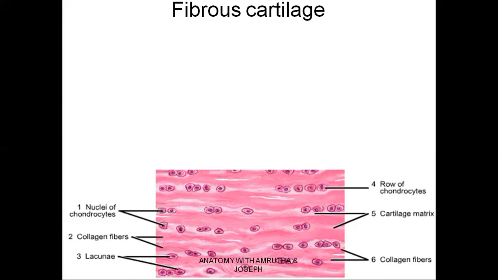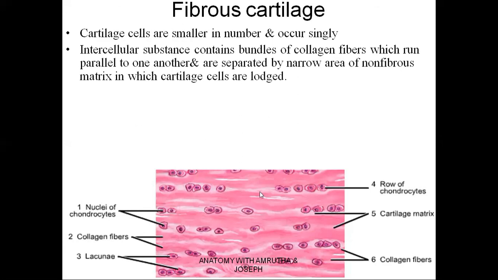Then the hyaline cartilage has little bigger cells than these, and the elastic cartilage has the biggest cartilage cells, and they are very small in number and occur mostly singly. And the fibers which are present here are type 1 fibers, which are running parallel with each other, and they are separated, and those gaps are occupied by the cartilage cells.